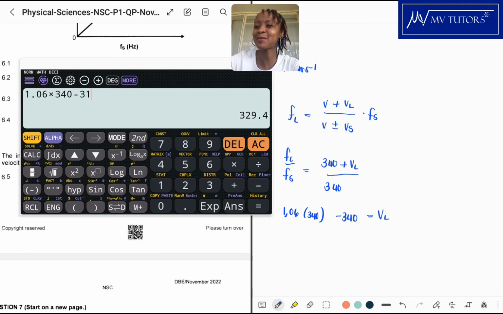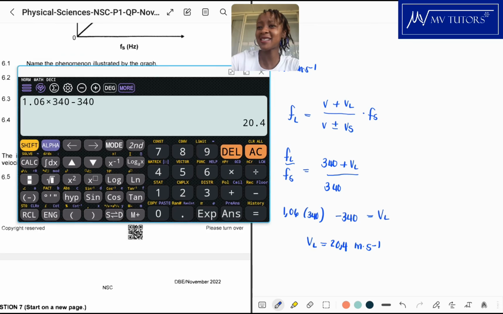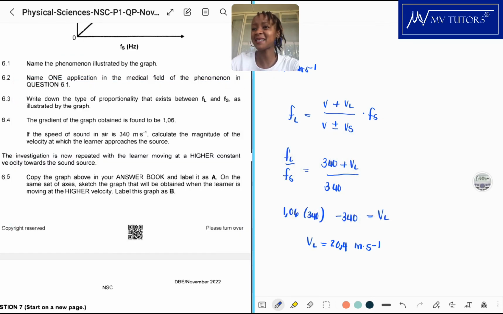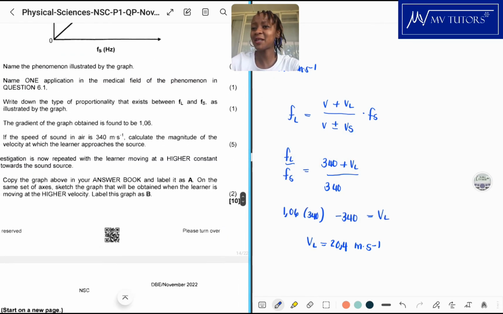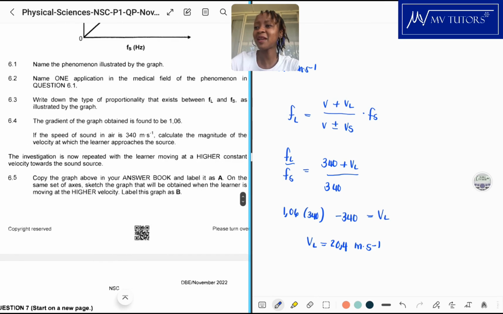How fast was this person walking? They were not walking, they were actually sprinting. So the velocity of the listener is 20,4 meters per second. This is a lot. But yeah, that is 5 marks. Okay, let's head over to the next question. I guess it is what it is.